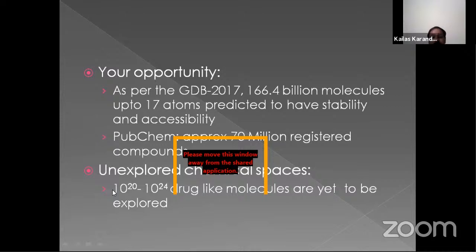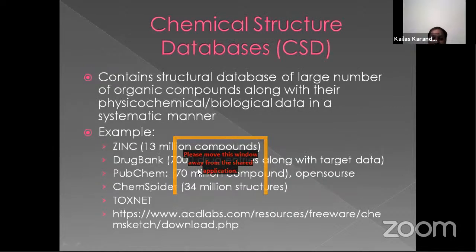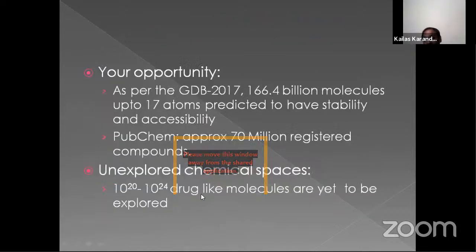Again, a huge number is there, and these compounds can be selected because they are drug-like molecules. These drug-like molecules tend to have the capacity to show some therapeutic significance, provided a few structural or conformational changes are made upon them, and that is our role.